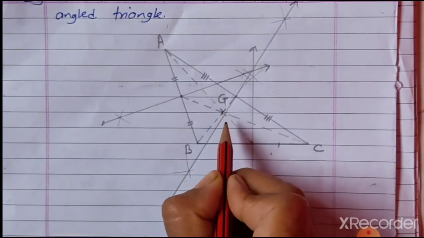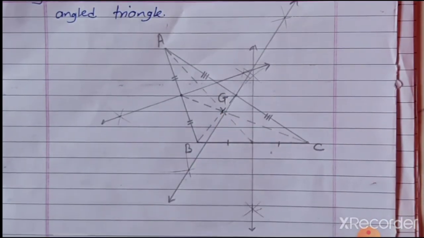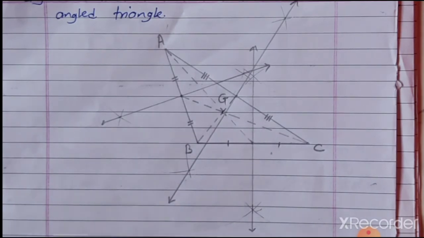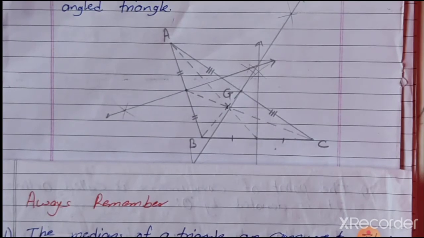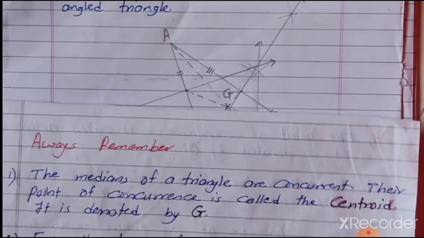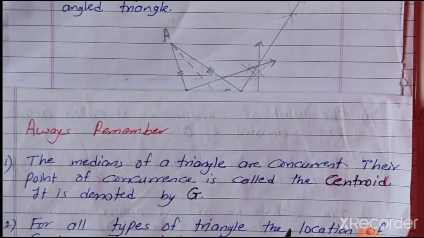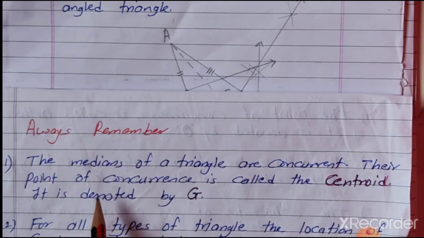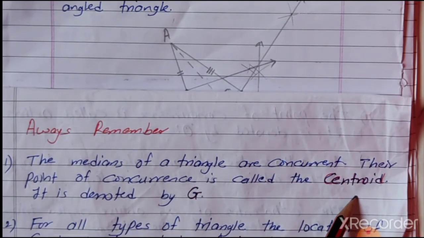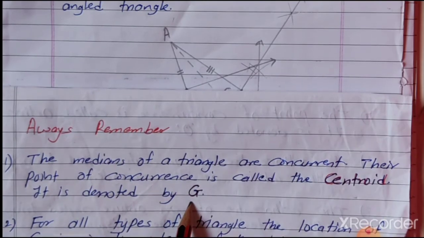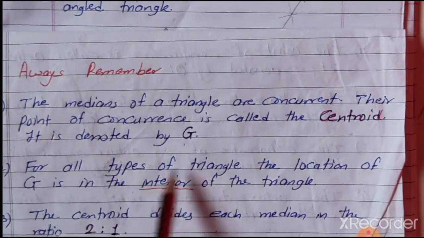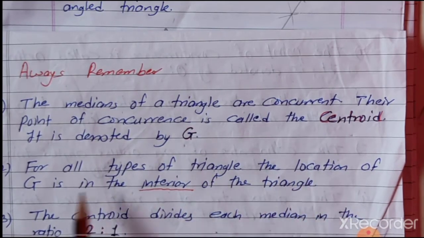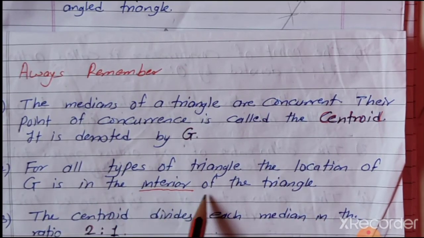Let us revise some points to always remember. Point number 1, the medians of a triangle are concurrent. Their point of concurrence is called the centroid, and it is denoted by capital G. For all types of triangle, the location of G is in the interior of the triangle.